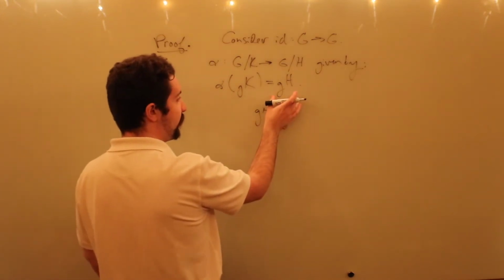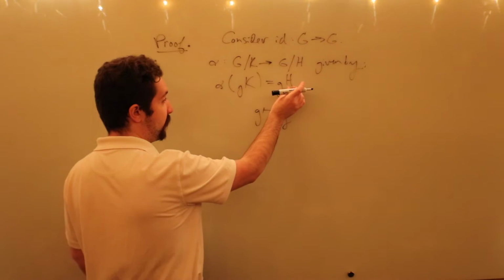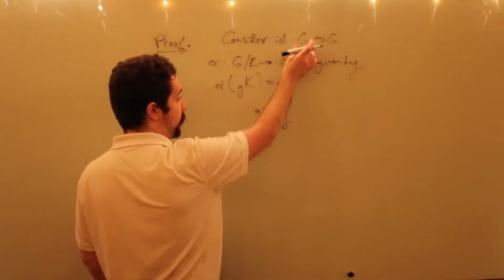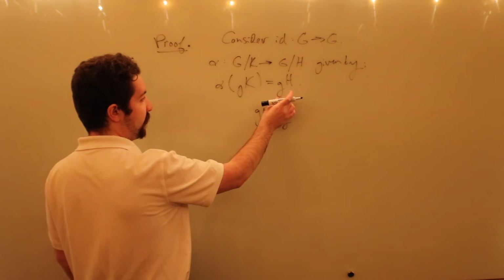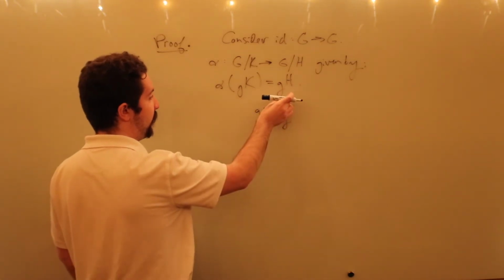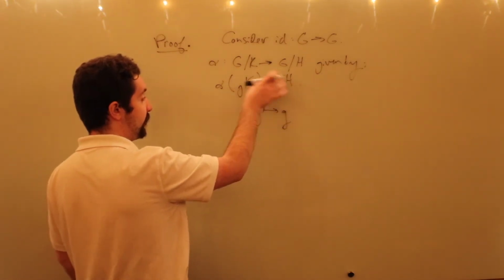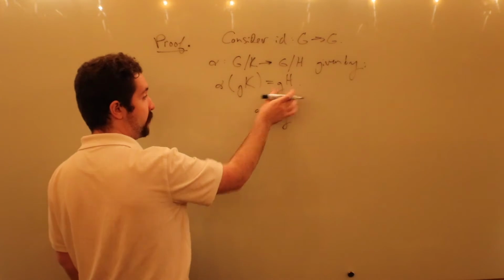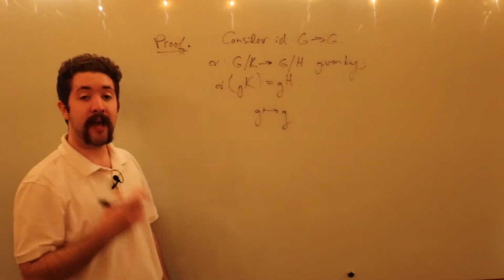So if we consider this left coset of H in the group G by this element little g, for any such little g we choose to represent this coset, we can just map it under the identity mapping. We can say the pre-image of this coset is the coset of K in G given by that same element.